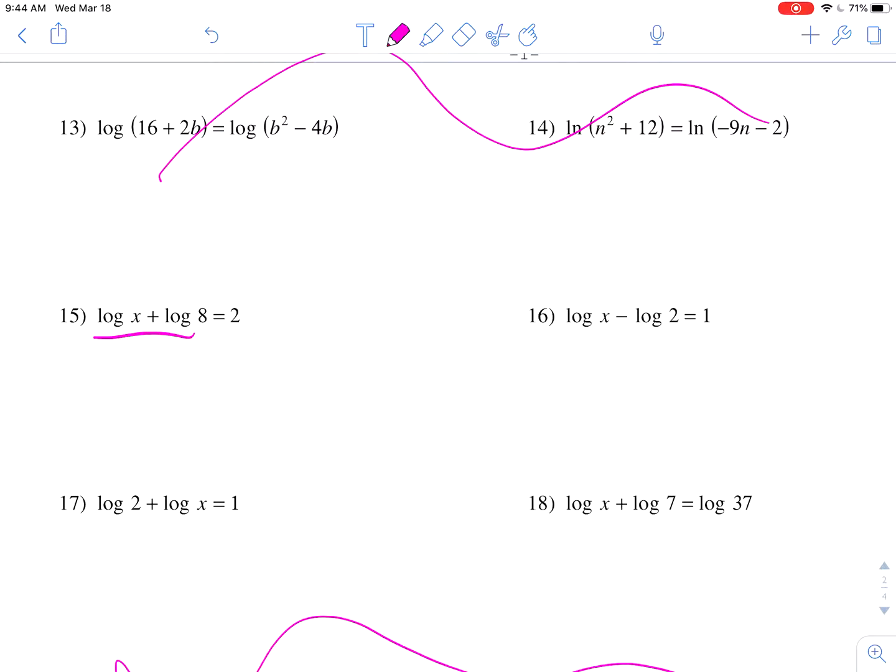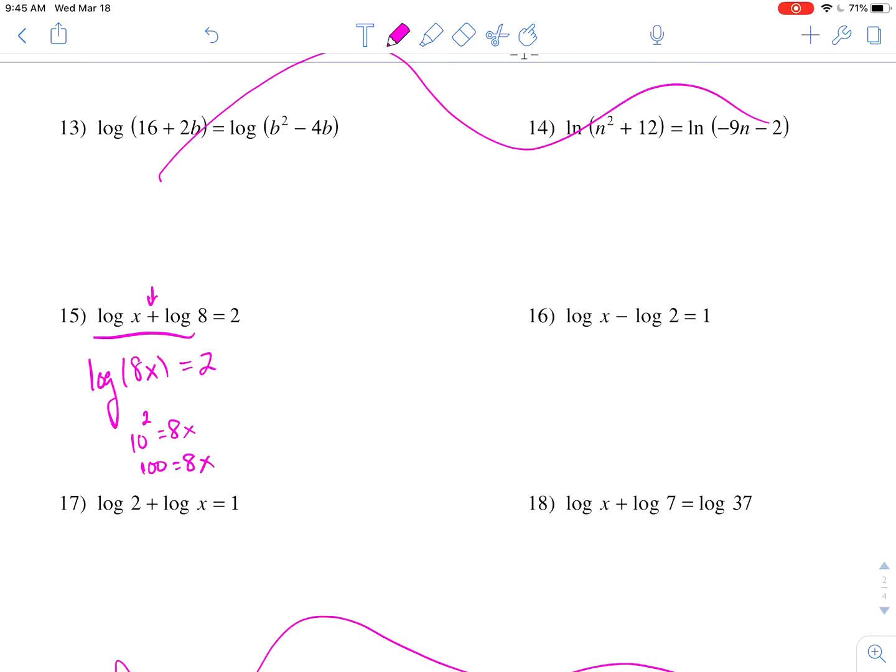So what we've got to do here first is condense our logs. And if I'm adding, then I'll multiply the stuff in the logs together. So 1 log of 8 times x equals 2. And what base do I have if it's not shown? It's a base of 10. So 10 to the second equals 8x, or 100 equals 8x.